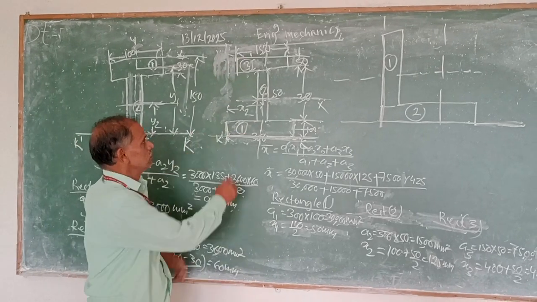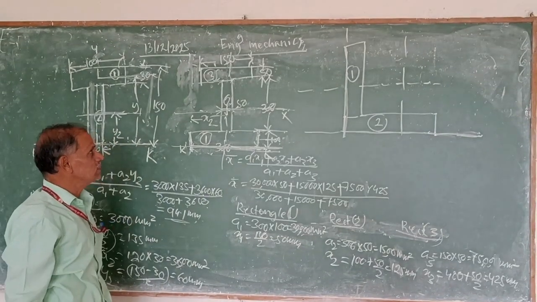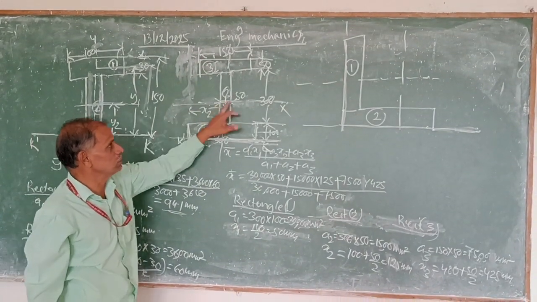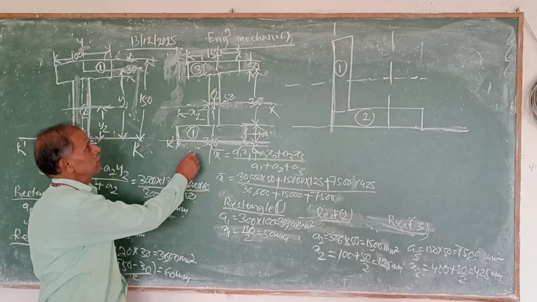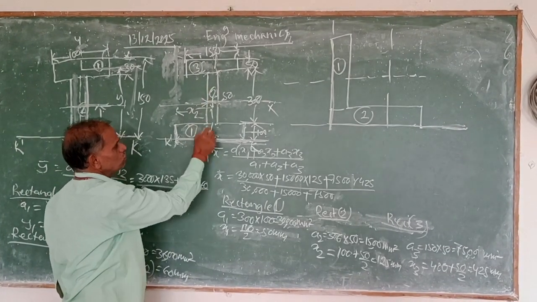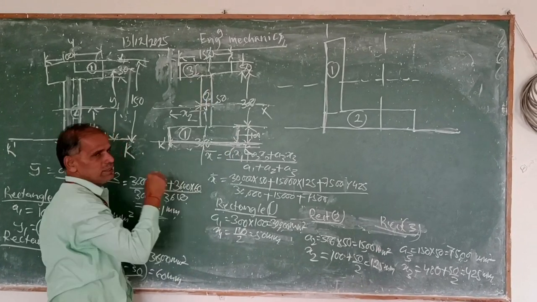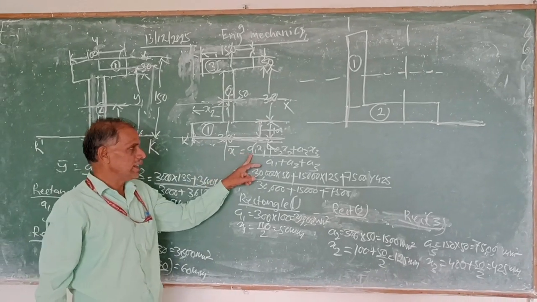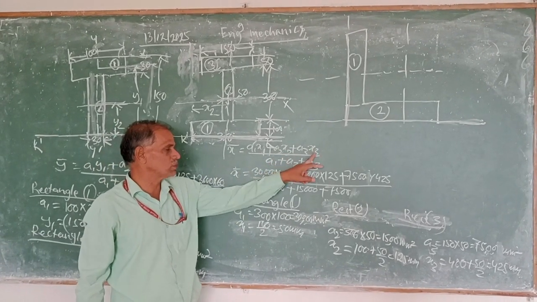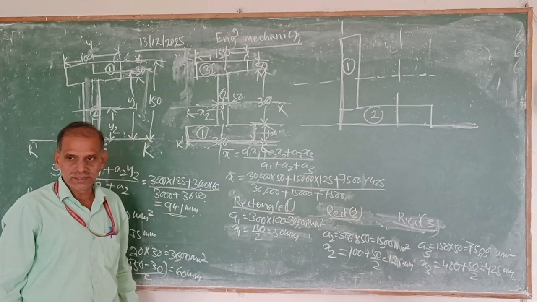Now let us find the center of gravity of an I section which is symmetrical about the x-axis, and the whole section is split into three parts, 1, 2 and 3, where x bar is equal to A1 x1 plus A2 x2 plus A3 x3 divided by A1 plus A2 plus A3.